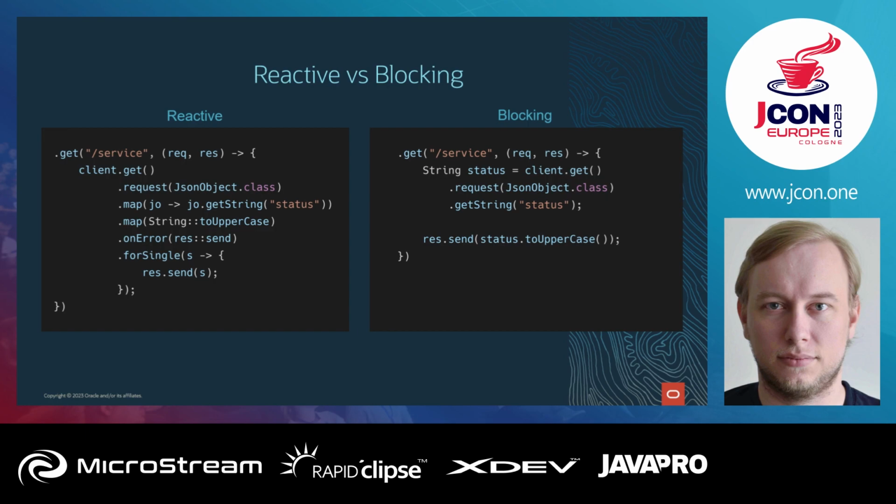Right now, we are performing the request, we are waiting for it to finish, and once it's done, we are getting the string status out of the JSON object we have obtained, and that's the same as reactive did, right? And then we are just sending this status back to the original requester of this endpoint.